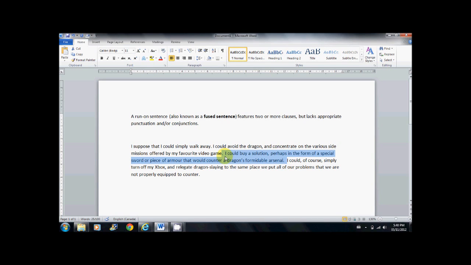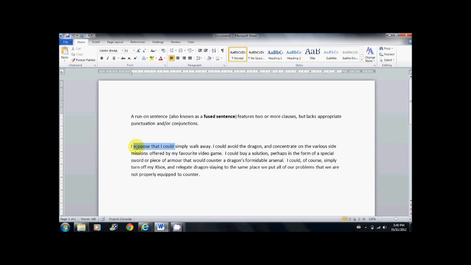So as you progress in your own work, what I would like you to look for are those natural pauses when you read your work aloud. If you read it aloud and you find yourself pausing, that may be an indication that we're looking at fused sentences. I'd also like you to take a look at the subjects and the verbs that you're using in your writing.